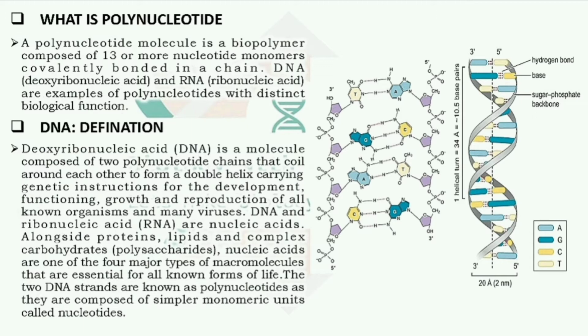Alongside proteins, lipids, and complex carbohydrates such as polysaccharides, nucleic acids are one of the four major types of macromolecules that are essential for all known forms of life. The two DNA strands are known as polynucleotides as they are composed of simpler monomeric units called nucleotides. So that was the definition of DNA.